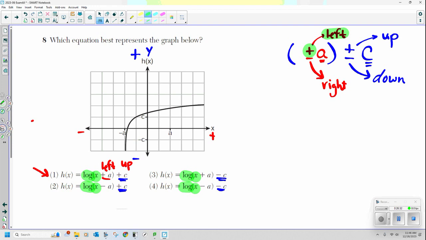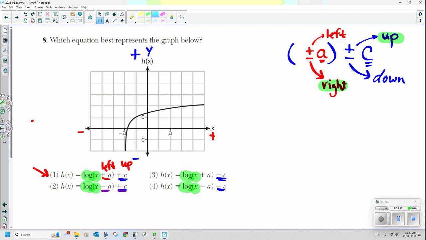I'm adding, so I'm moving left, and then I'm adding outside, up. So I'm moving left and up. Well, let's take a look at the second one. The second one says, well, I'm subtracting on the inside and adding on the outside. So subtracting on the inside means I'd be moving right, but I'm adding on the outside, so I'd be moving up, so right and up.